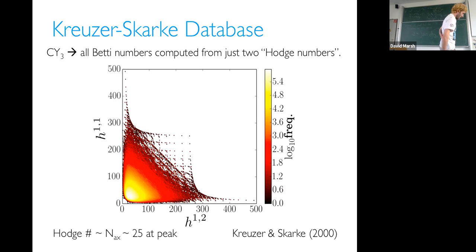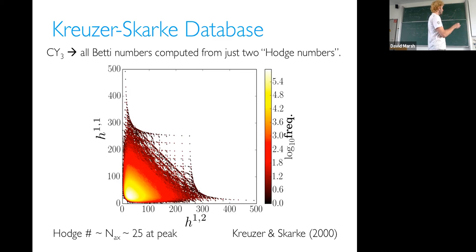So Kreuzer and Skarke constructed all reflexive polytopes in 4 dimensions, just like we know all of the Platonic solids in 3 dimensions. If you get all the reflexive polytopes in 4 dimensions, you can construct the Hodge numbers of all Calabi-Yau threefolds. And this is the distribution of those.